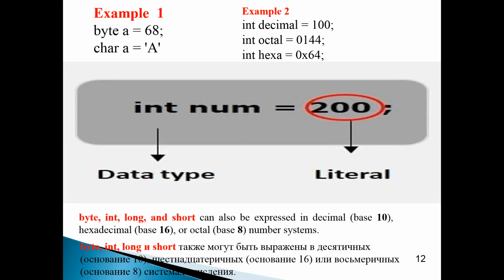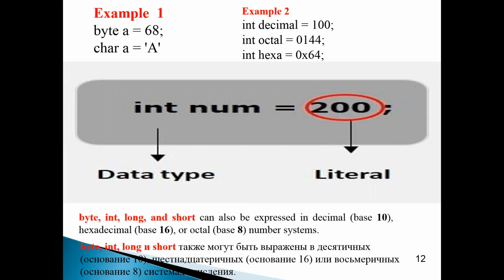For example, guys, please look at this picture carefully. You can see int num equals 200, int is the data type, and 200 is the literal.